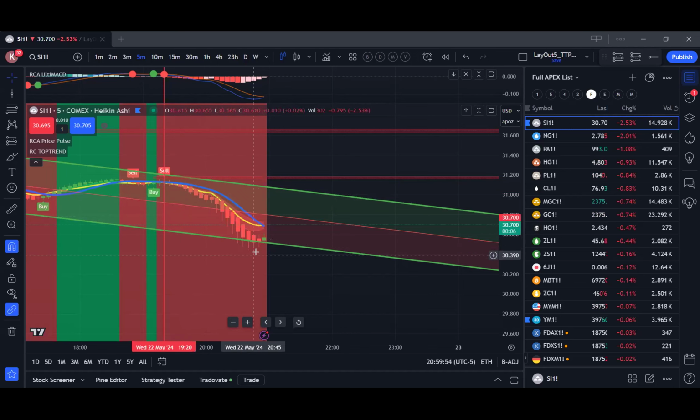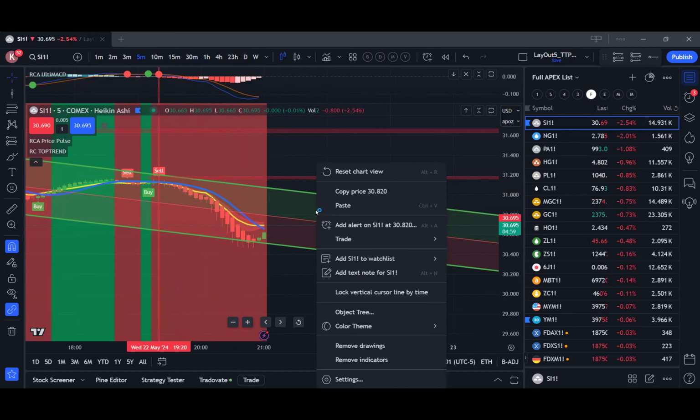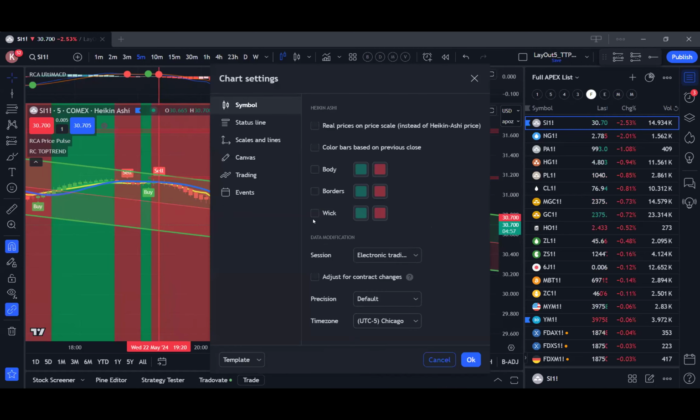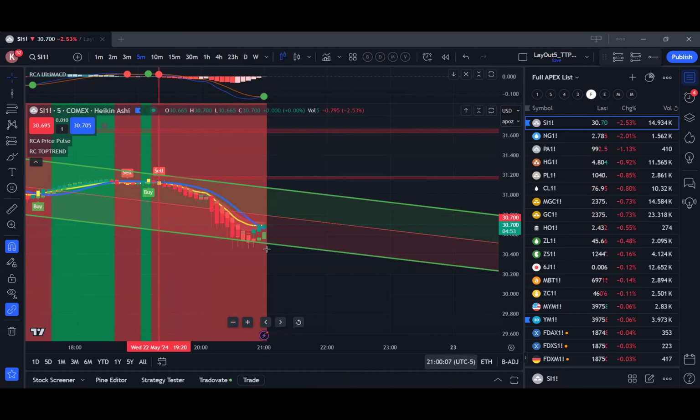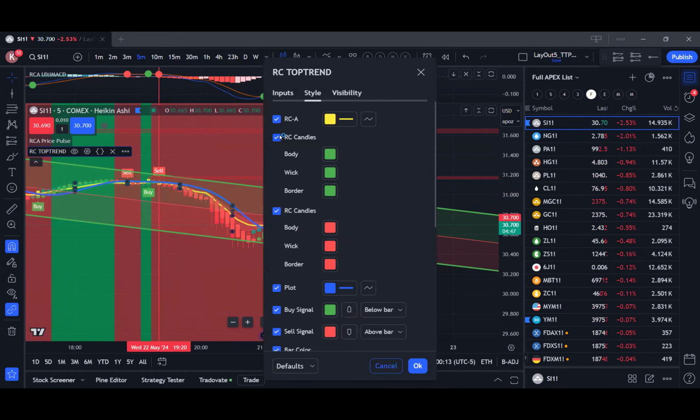There will be a minor difference, and the color will be just red and green here. When you use Heikin Ashi, you may see those yellow candles also, if you disable the RC candles.